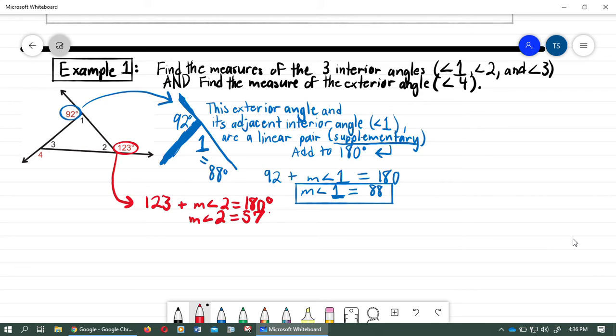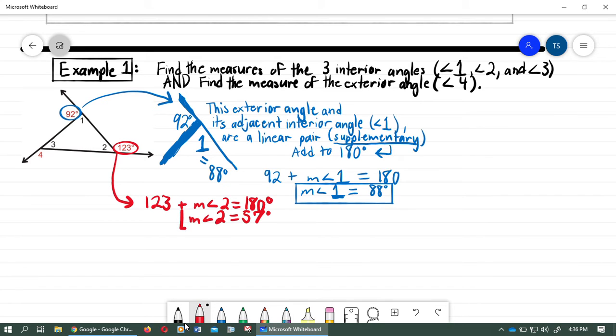So again, folks, the measure of angle 1 is 88 degrees. The measure of angle 2 is 57 degrees. Because that exterior angle, 123 degrees, and its adjacent interior angle, angle 2, form a linear pair, a straight line, which is supplementary or adds to 180 degrees.